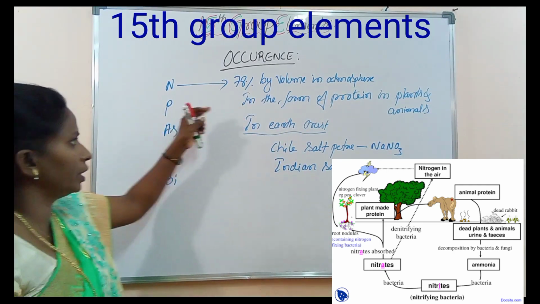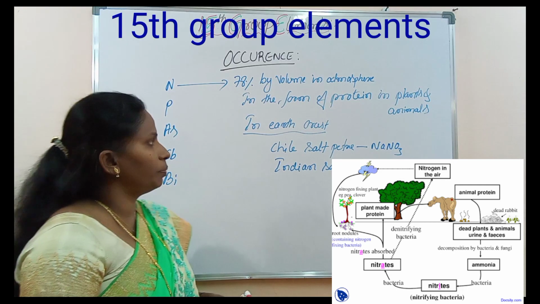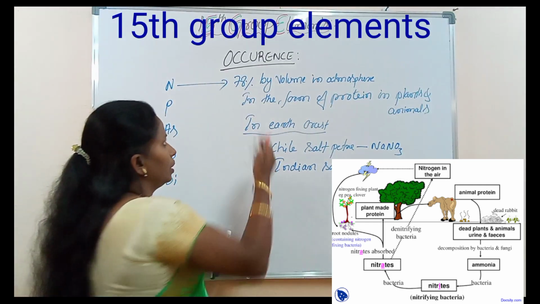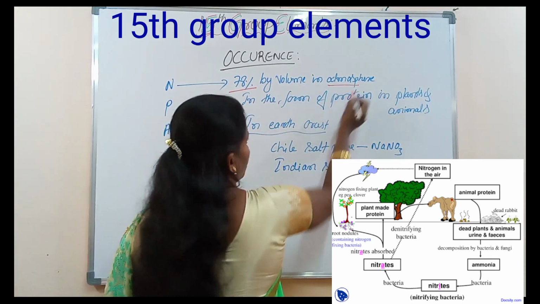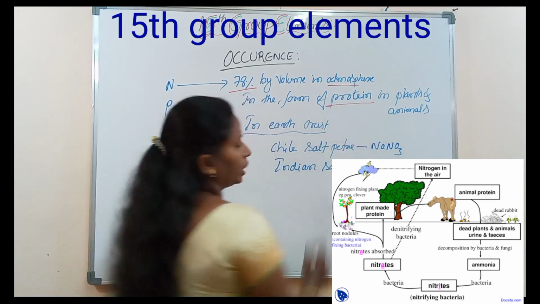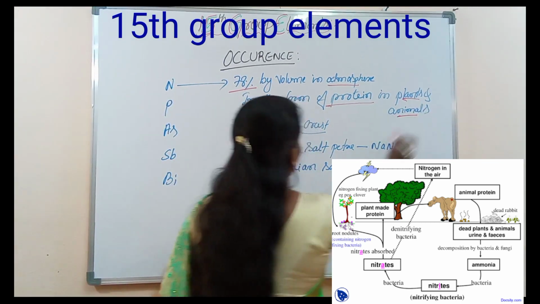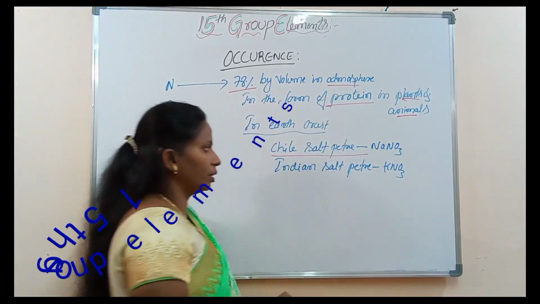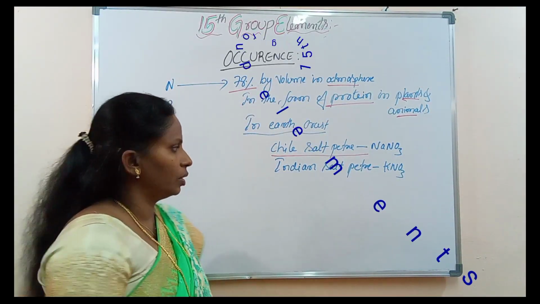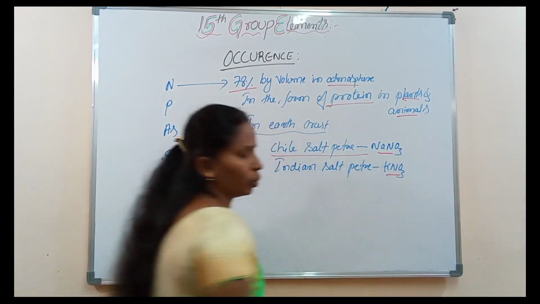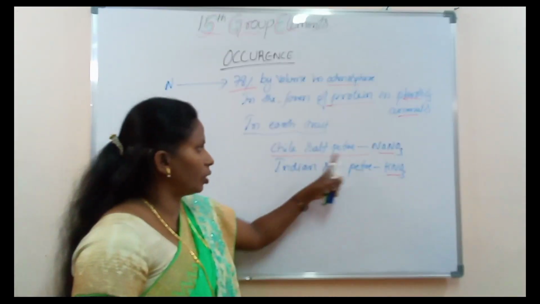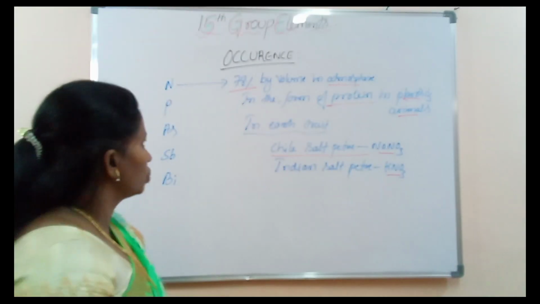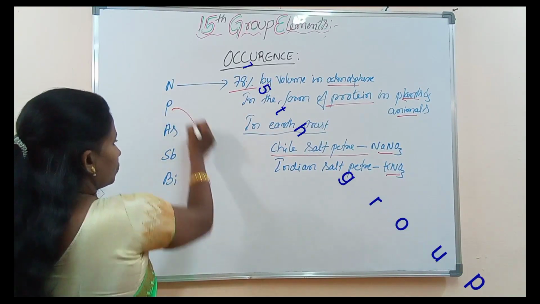So these are the occurrences of nitrogen: 78% by volume in the atmosphere, in the form of protein in plants and animals, and in the earth's crust as Chile saltpeter and Indian saltpeter. The molecular formulas are important: Chile saltpeter is NaNO3 and Indian saltpeter is KNO3. Okay, so next to phosphorus.